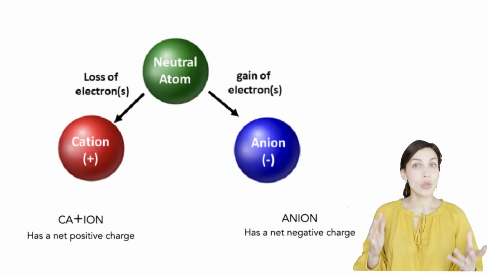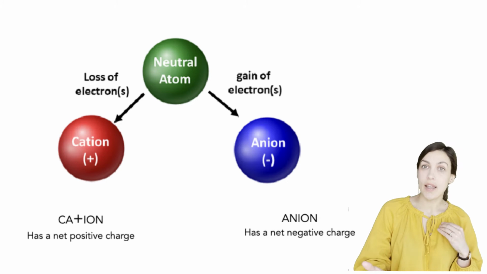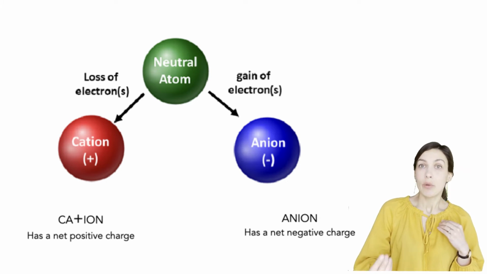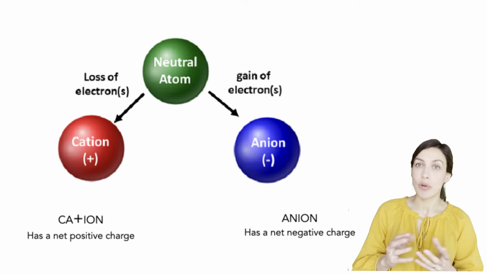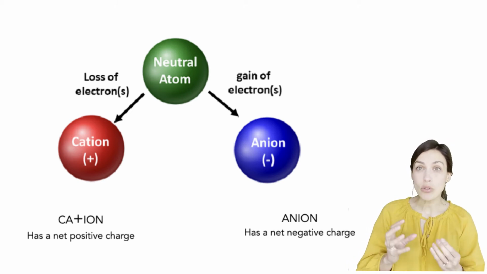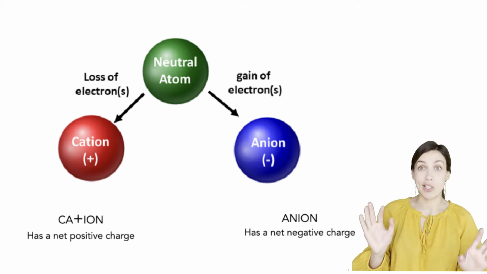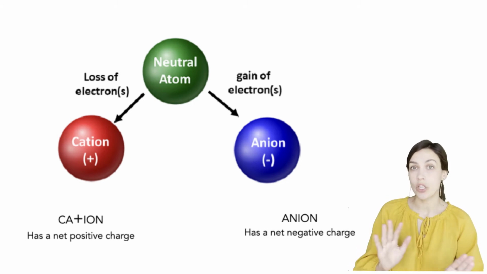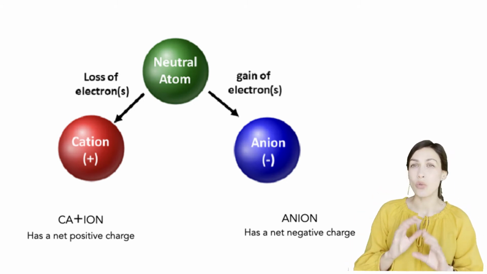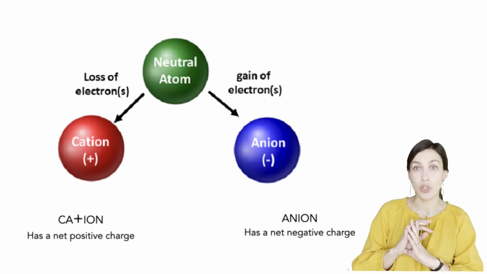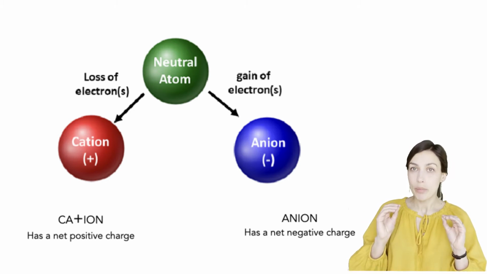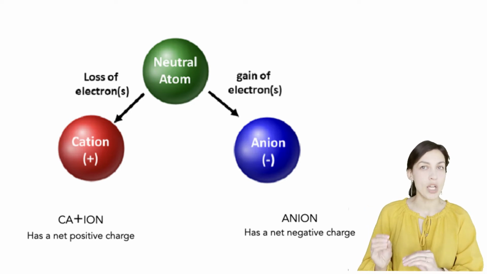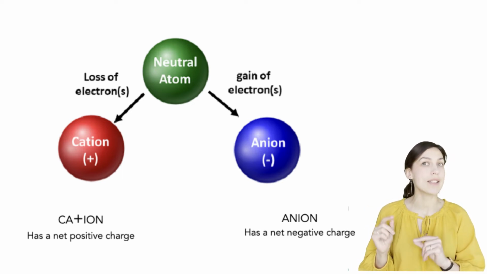So when a neutral atom loses electrons, remember that it always has the same number of protons. So the amount of positive charge does not change at all, and will not change for anything that we do in this class, and it won't change for anything that you do in most of your chemistry classes. So protons, and therefore the amount of positive charge in the nucleus, will stay the same.